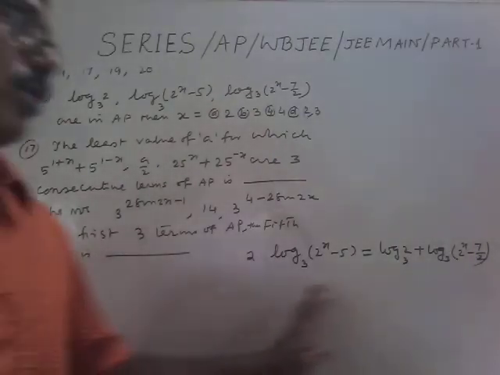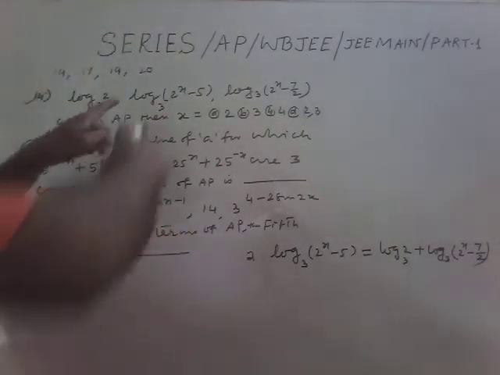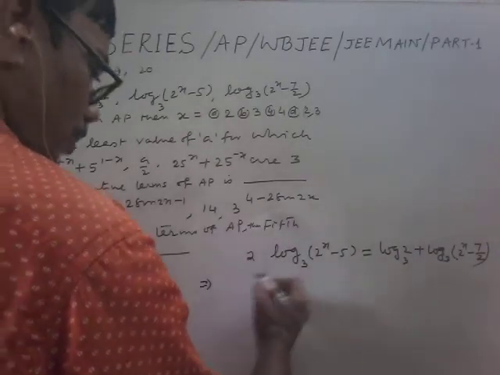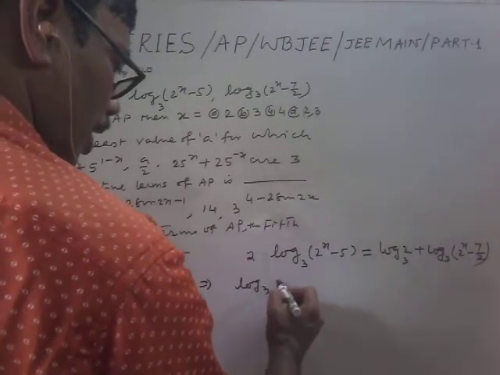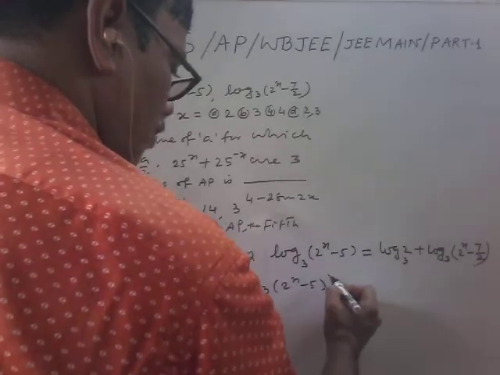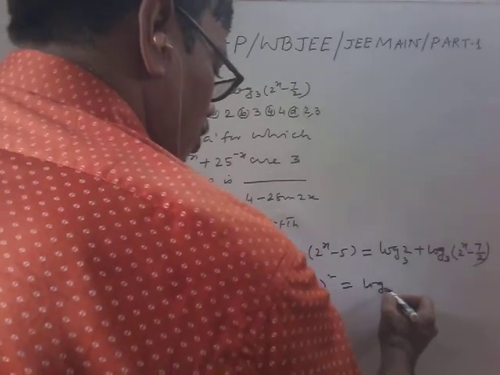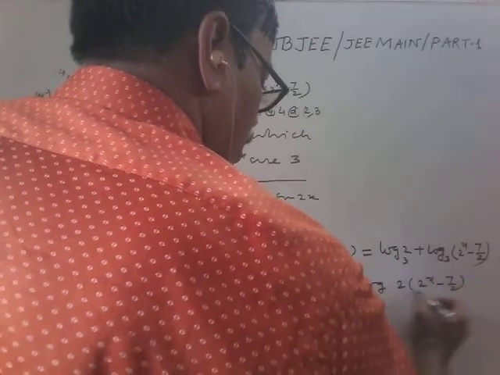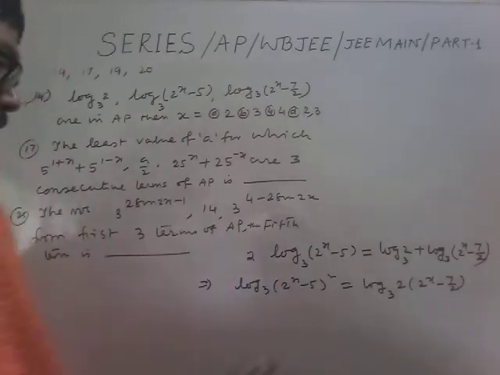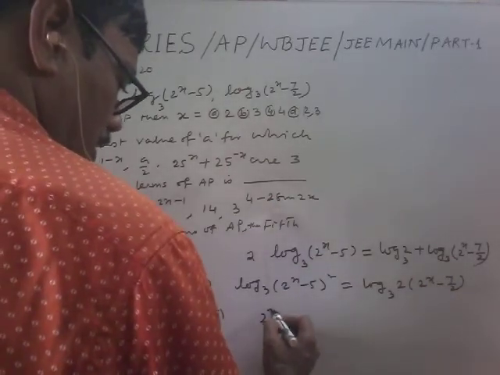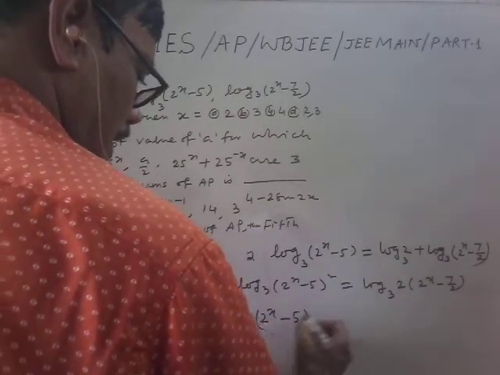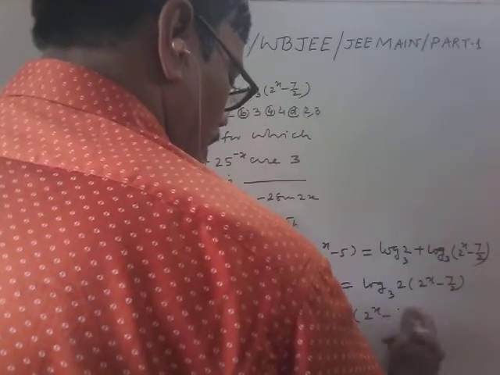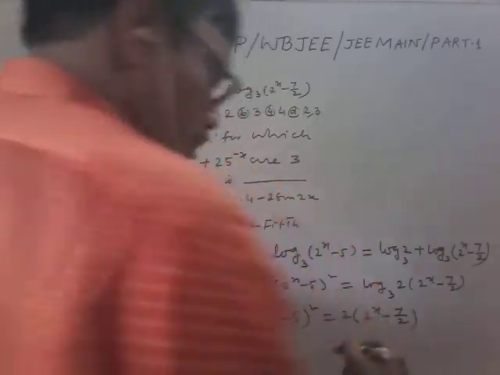So this comes from the definition, 2b equals a plus c. Then our main aim is to omit the logarithm. So log base 3 of 2 to the power x minus 5 whole square equals 2 into 2 to the power x minus 7 by 2 base 3. So what we are getting: 2 to the power x minus 5 whole square equals 2 into 2 to the power x minus 7 by 2.